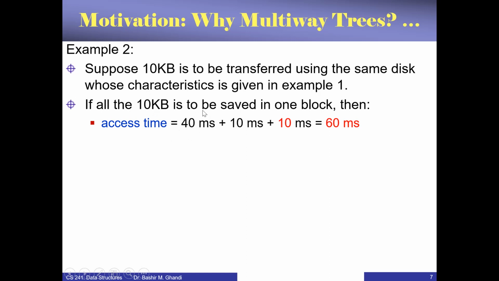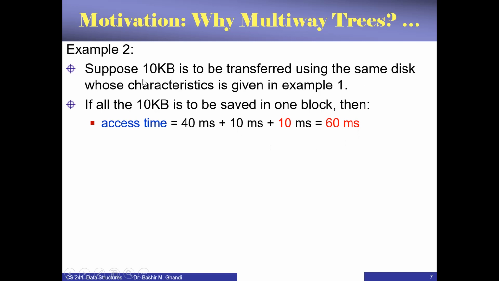The seek time is the same. Also, the rotation time is the same since the data is in one block. The only difference is in the transfer time. It will now take 10 milliseconds instead of 5 milliseconds. And therefore, the total time you will need to access this data is 60 milliseconds. This is scenario number 1.